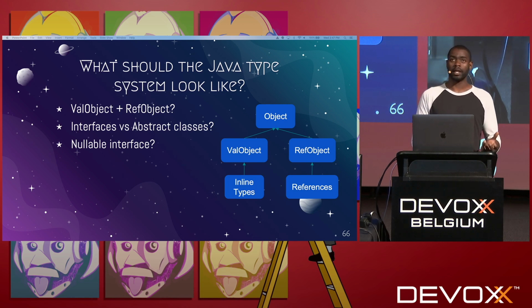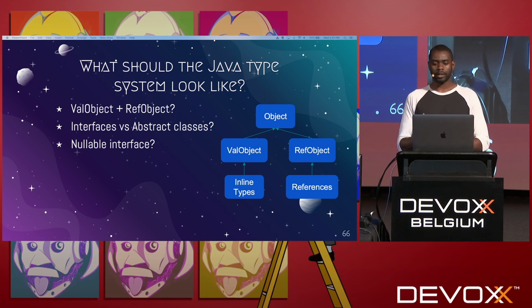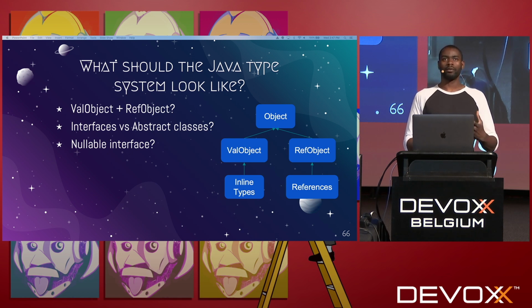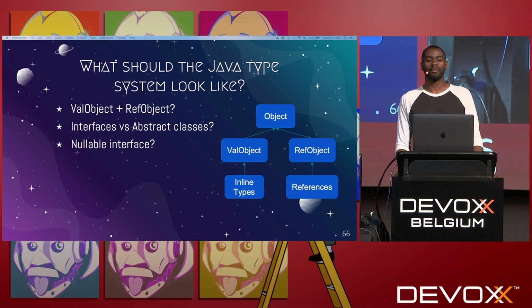Also, what should the Java type system look like? Because inline types subclass java.lang.Object, users will need a way to know if they're dealing with an inline type or not. In the examples we saw earlier, if you're not aware of what you're dealing with, then you can get a lot of runtime exceptions. So one way of solving this is by expanding the type system and providing two new top types, one for inline types, one for reference types.